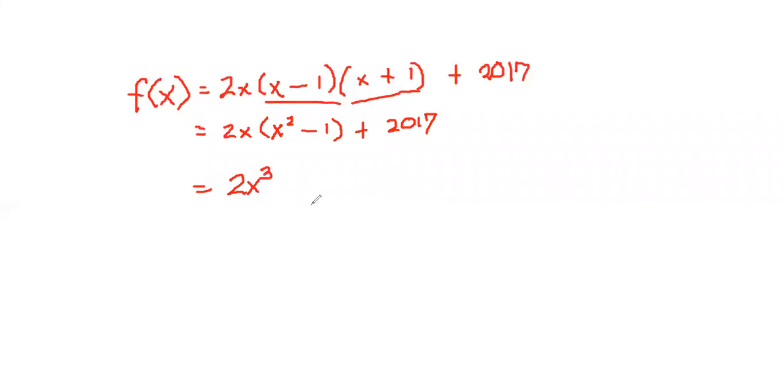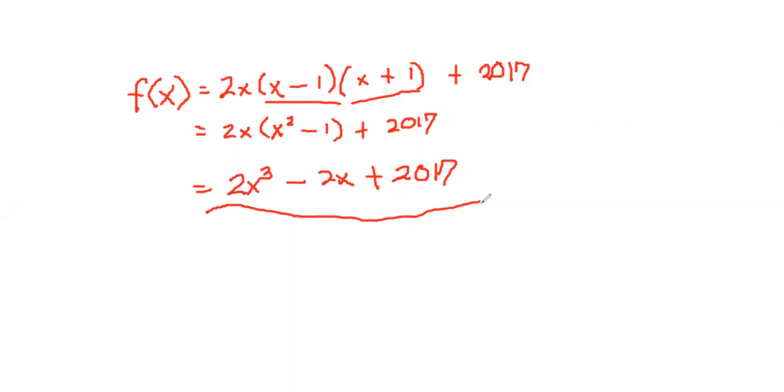By the law of exponents, we add the exponents when we multiply. Then minus 2x plus 2017. Okay, we have computed it. There are no like terms to combine and nothing more to simplify. So we have 2x raised to 3 minus 2x plus 2017.